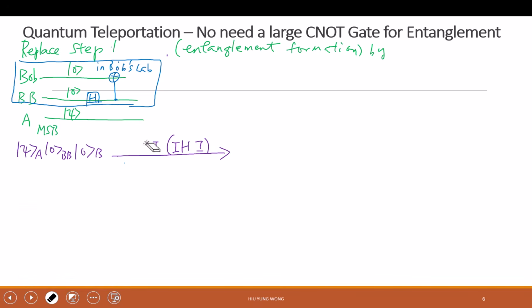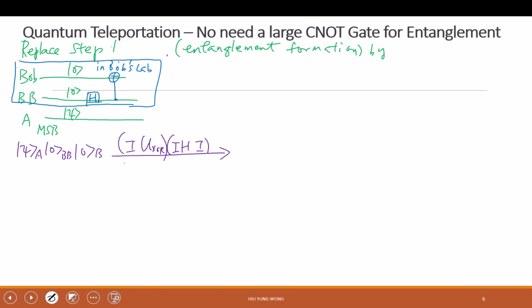Or instead of a CNOT gate, let's just write U exclusive OR. This is only 2 qubits, right? CNOT. What do I do for the MSB? Still I. So basically apply these 2 things, and then try to get something. I want to see the output, so we break it down.